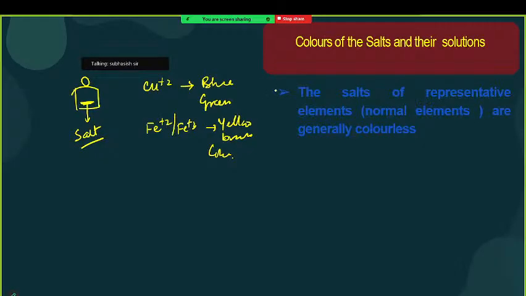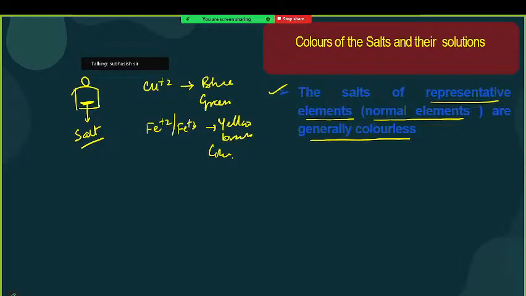Here you see the salts of some representative elements. Representative elements mean mostly the second and third period elements, and their salts are generally colorless. Salts of representative elements, such as sodium, aluminium, magnesium, potassium and calcium salts, generally do not have any color.